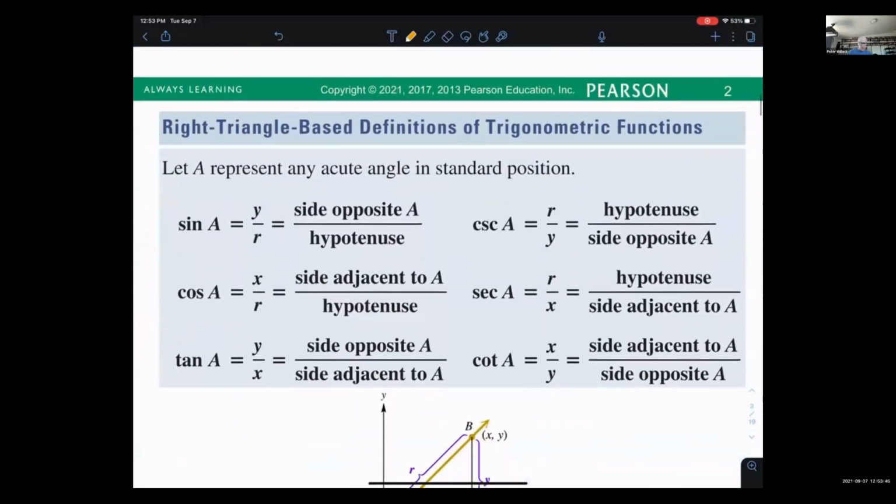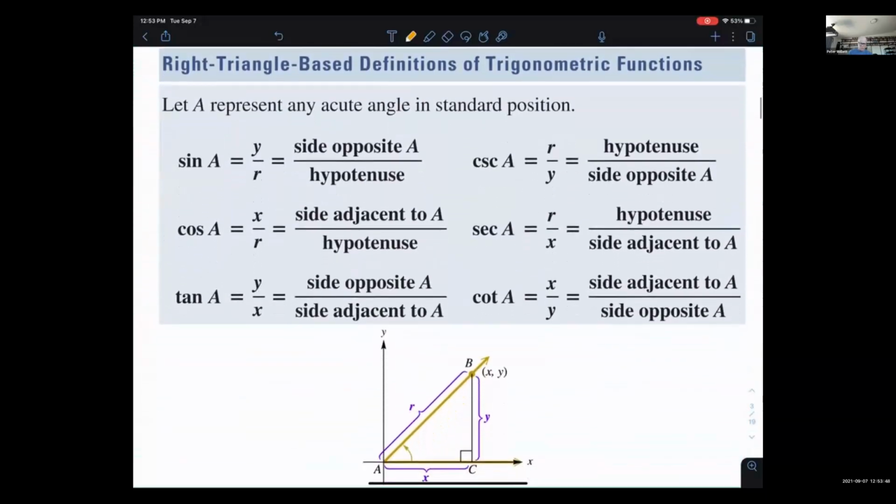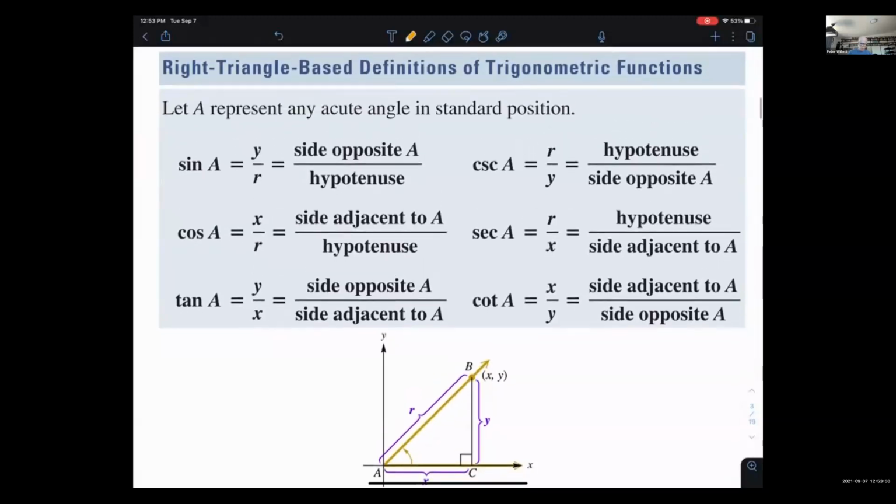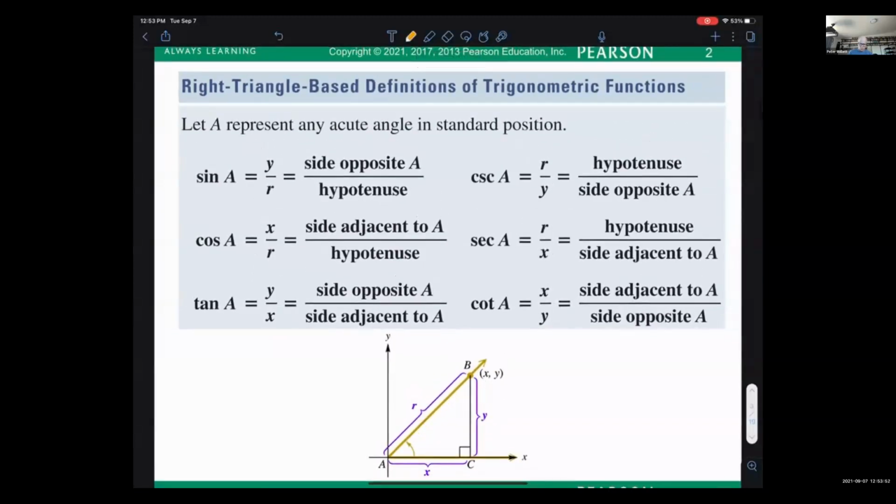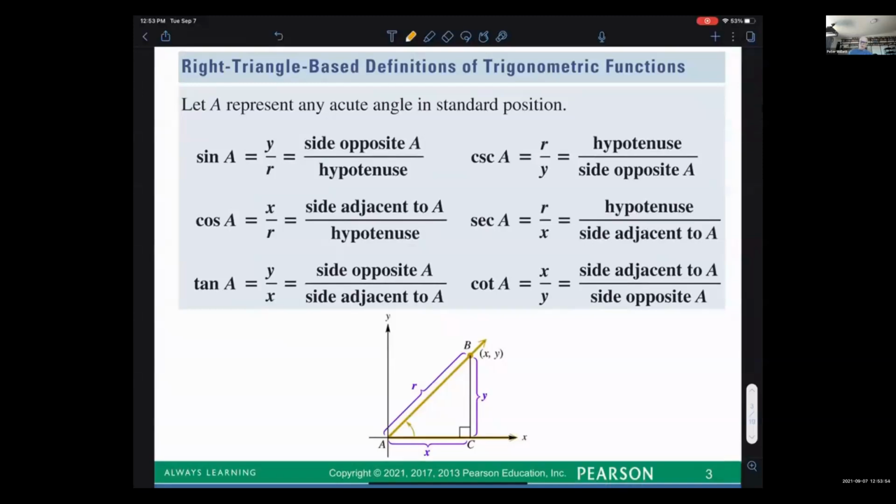So here's a summary. Right triangle-based definitions. Let A represent any acute angle in standard position. So they're talking about this angle down here.